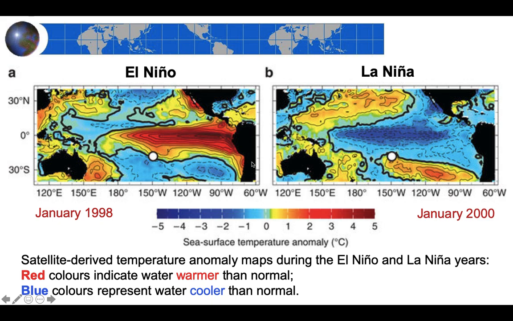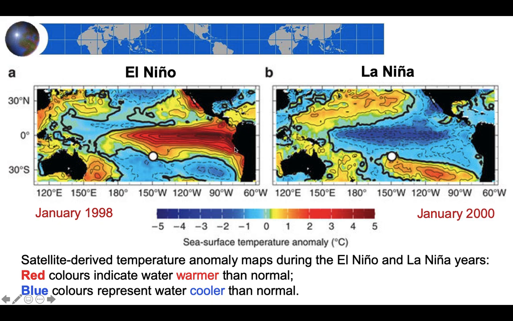So the time difference between these two maps is about 2 years exactly, and you're looking at what the ocean surface water temperatures look like. Here is the scale. You go from minus 5 degrees Celsius with deep blue to crimson red, plus 5 degrees Celsius.